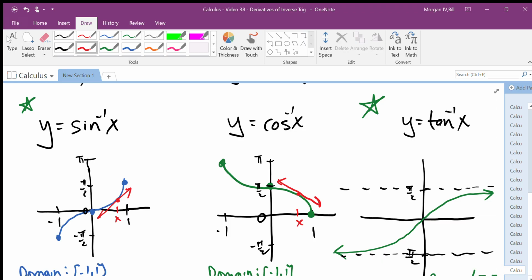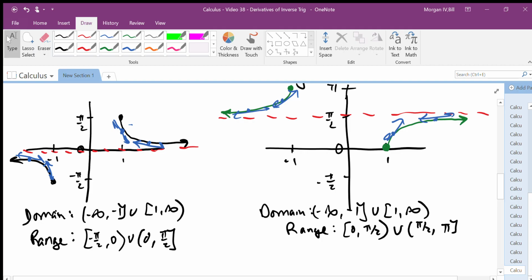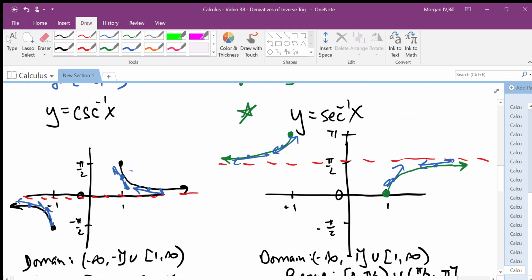Okay, they're symmetric-ish, if you will. That's not even a real word, but they're kind of symmetric, where the slope of the tangent line is the same number. It's just the one for the inverse cosine happens to be negative. Okay, and that works for both inverse tangent and inverse cotangent, inverse cosecant and inverse secant. So if you will, I think I have this written down here.